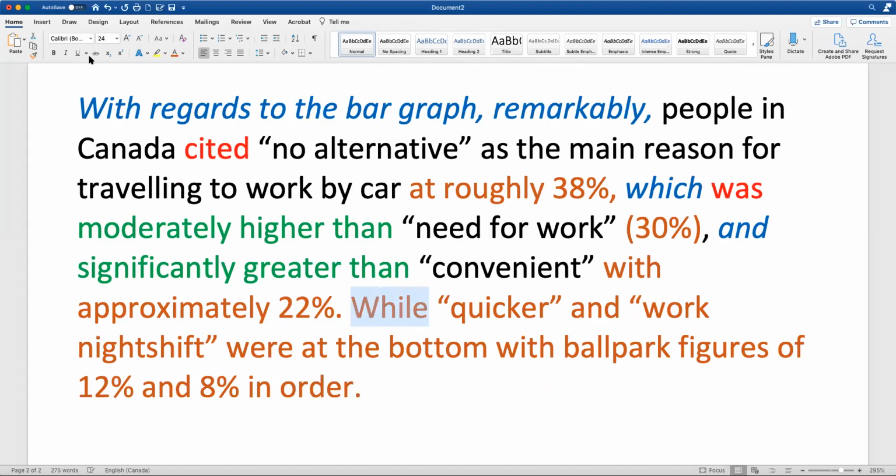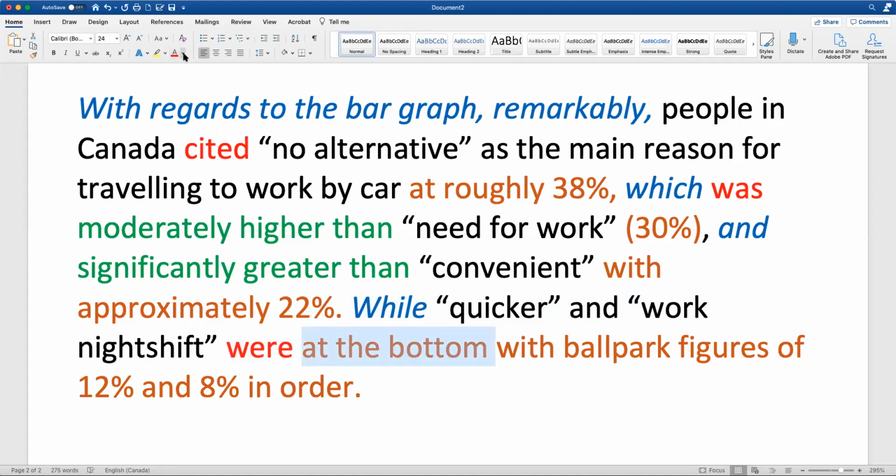So, when we talk about at the bottom, it's like the last one.